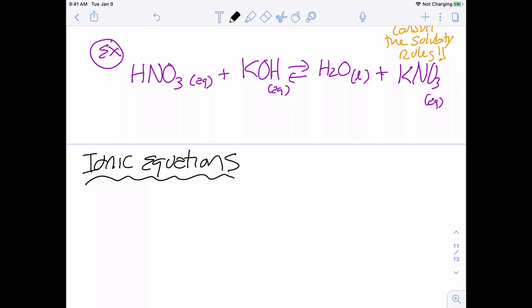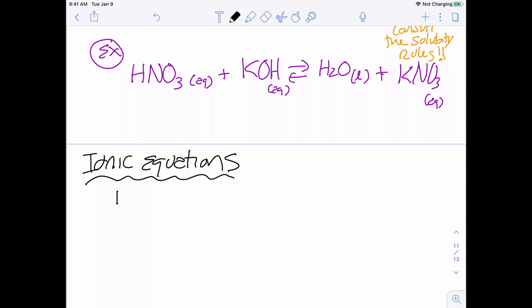Essentially, if it's a strong electrolyte, we're going to dissociate it, right? We're going to write it in its ion form. If it's a weak electrolyte, which is going to include our insoluble ionic compounds, our weak acids and our weak bases, we're going to keep it together in its either molecular or compound form.